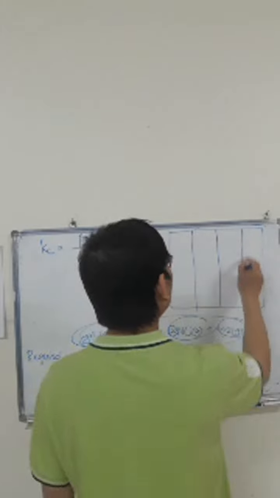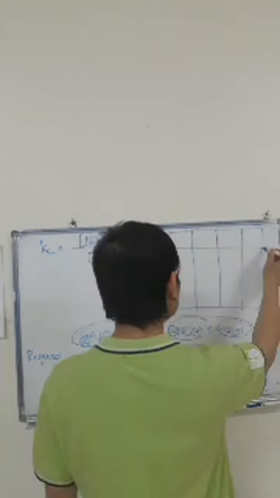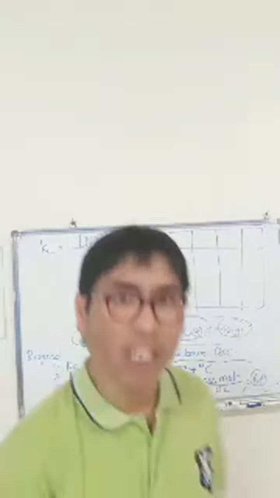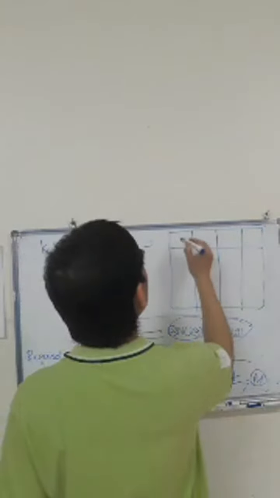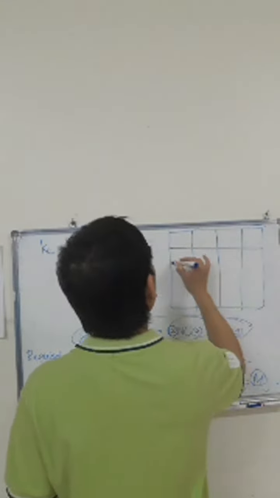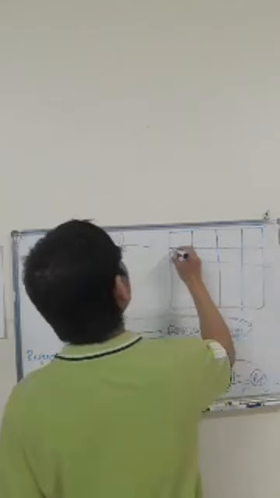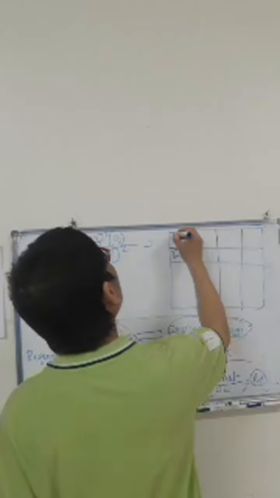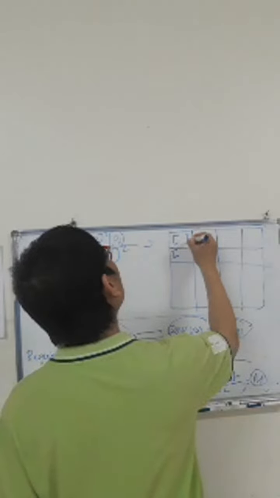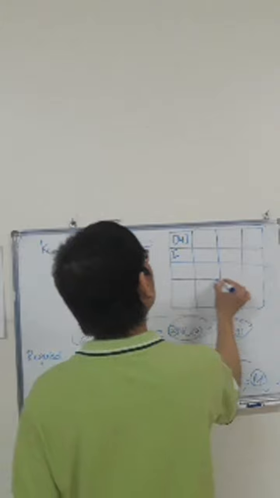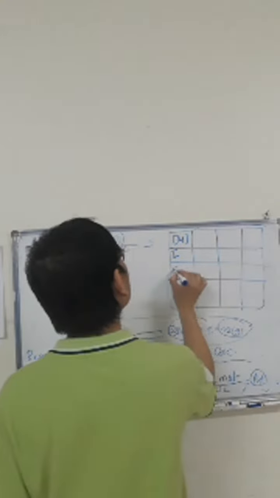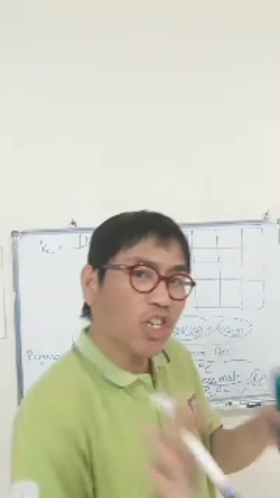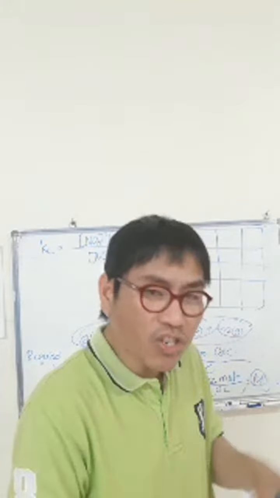Because we need to put first the description. I, the initial concentration. The unit is expressed in molarity, so capital M. Then the second row will be capital C, meaning changes in concentration during the chemical reaction.